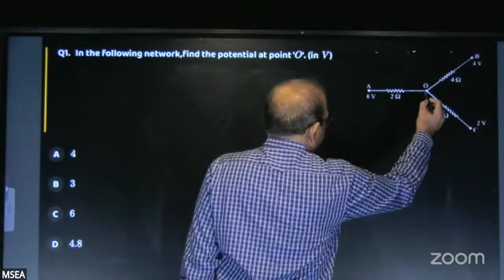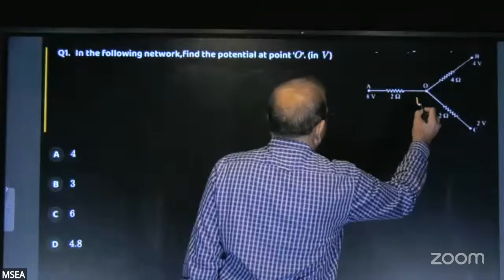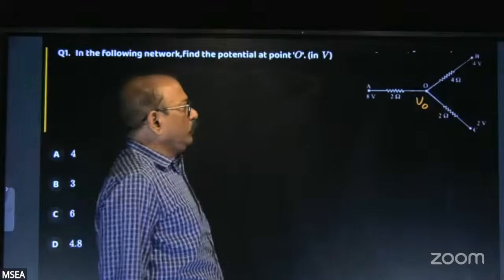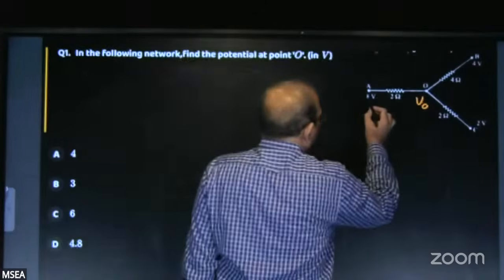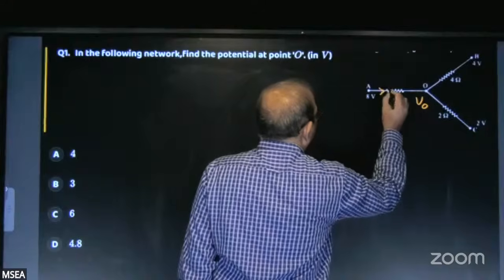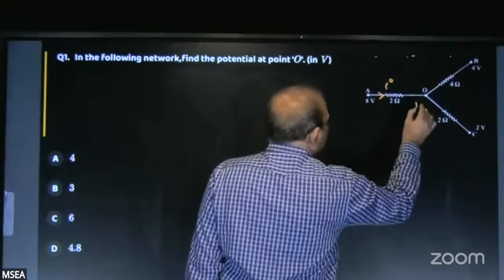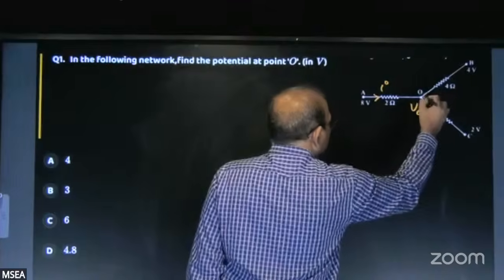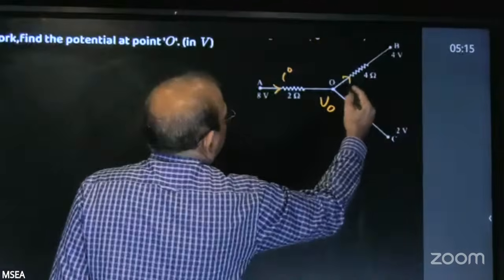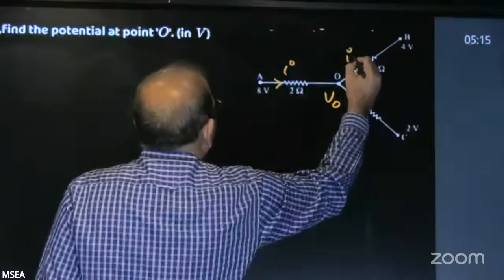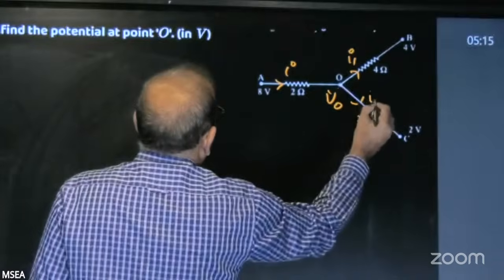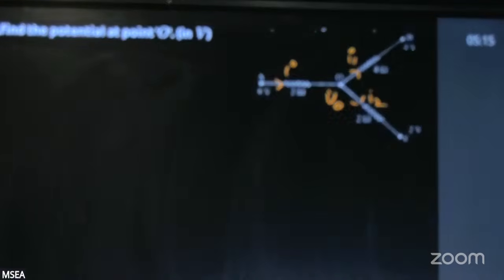So let us assume the potential at this junction is V0. Let us assume the current flowing from A to O is some I, and this current splits into these two branches. Let the current from O to B be I1 and the current from O to C be I2.